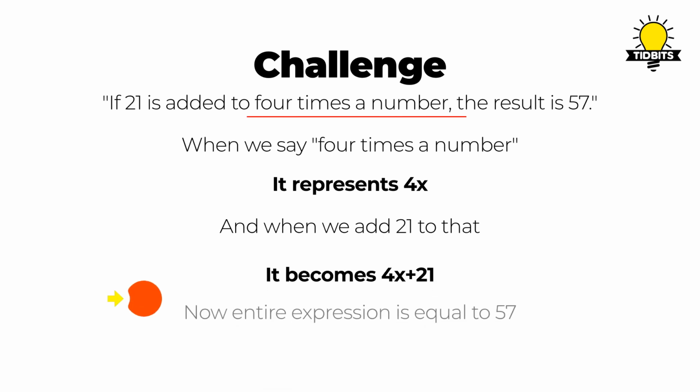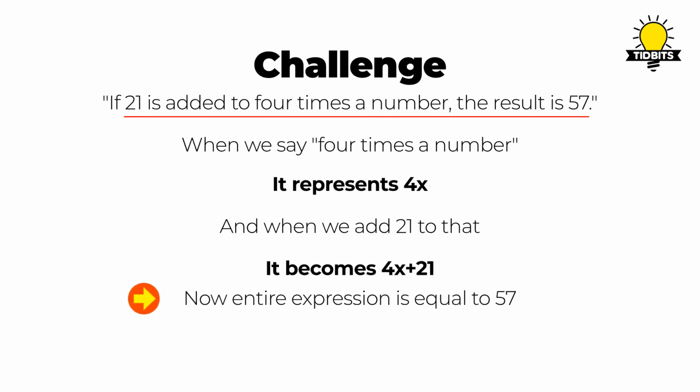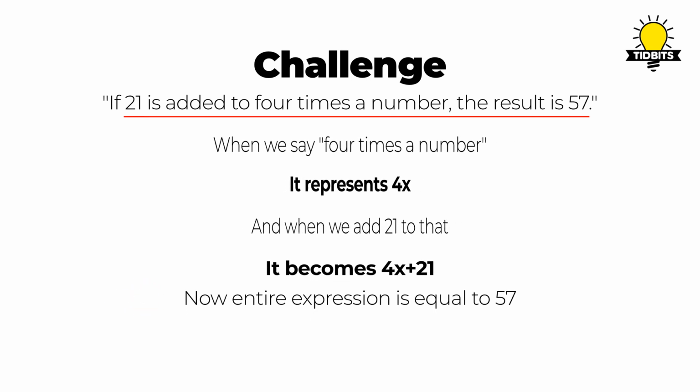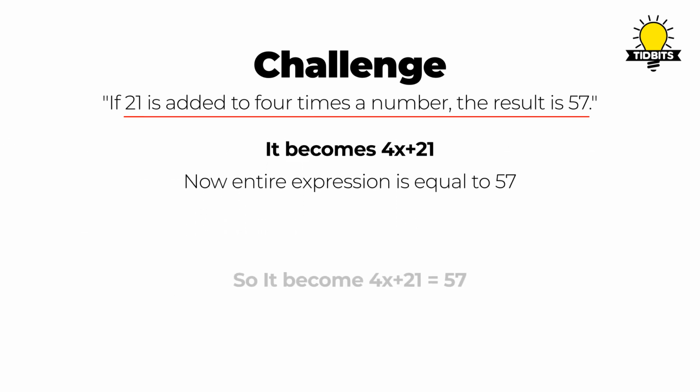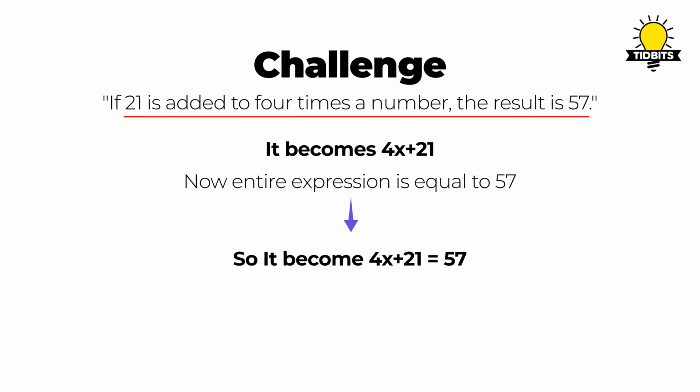We know that entire expression is equal to 57. So it becomes 4x plus 21 equals 57.